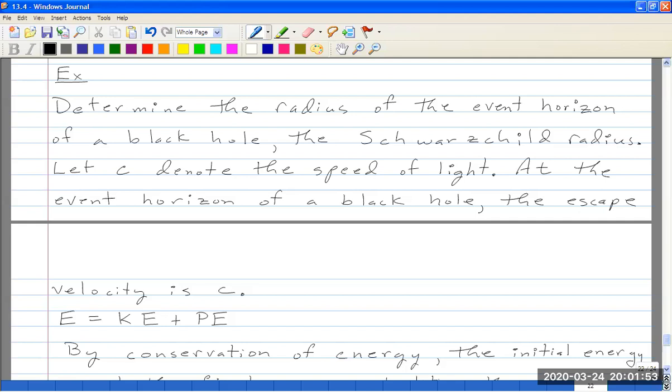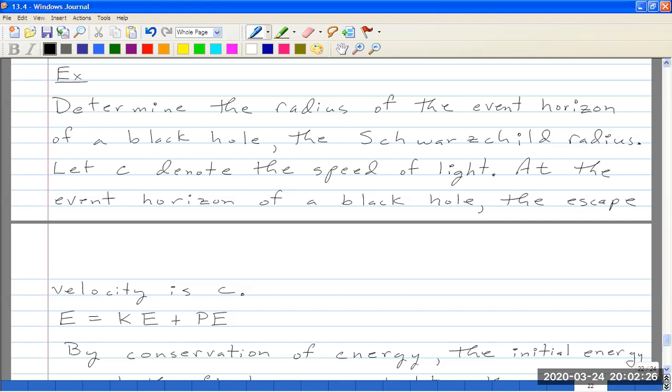Of course, you should be using general relativity, but we're going to show that even with Newtonian physics, assuming that the speed of light is finite, we'll get a lot of the results of general relativity.